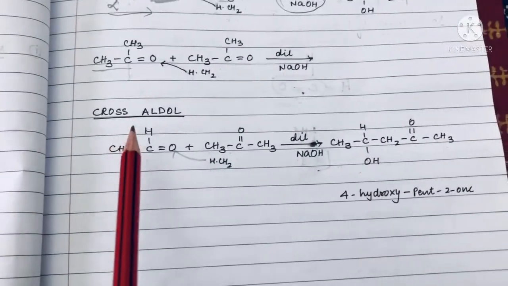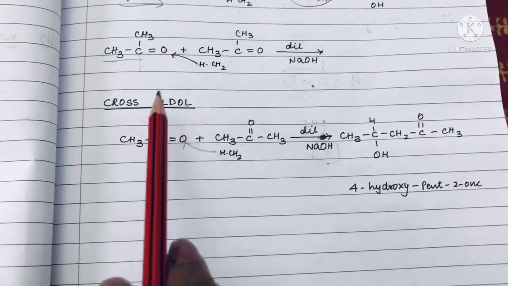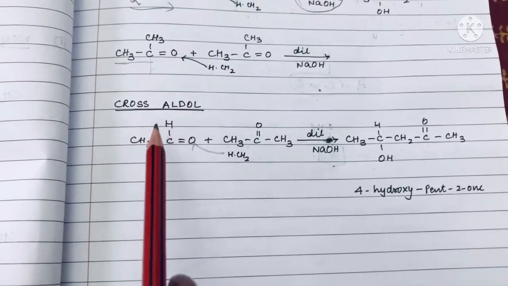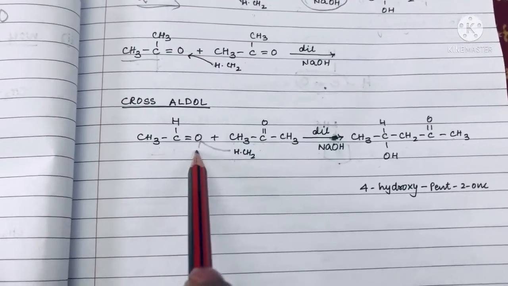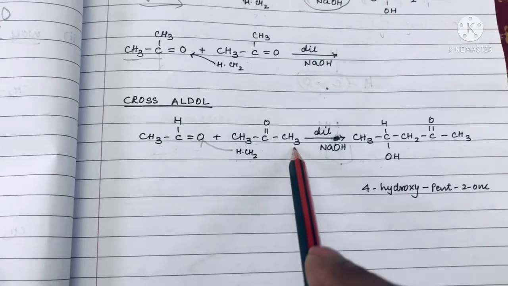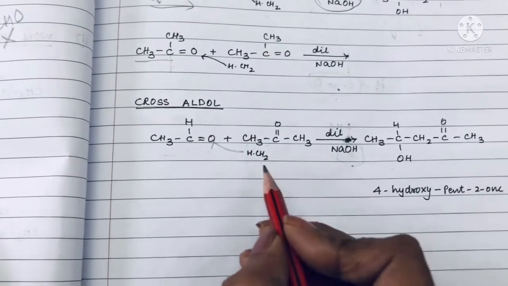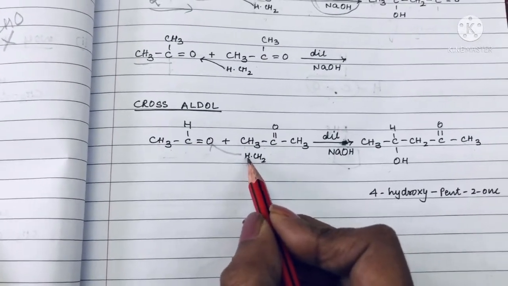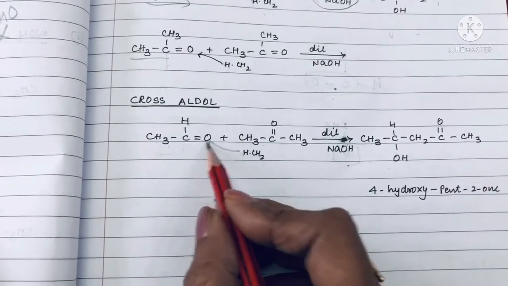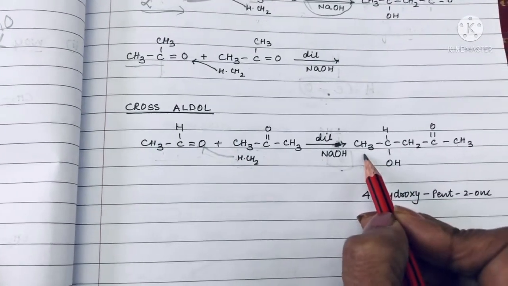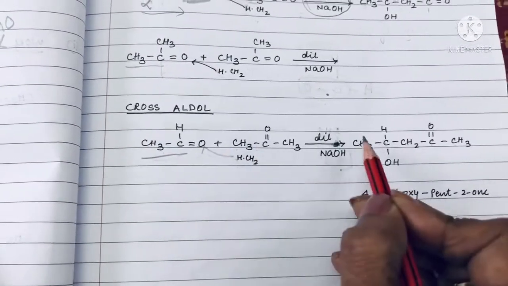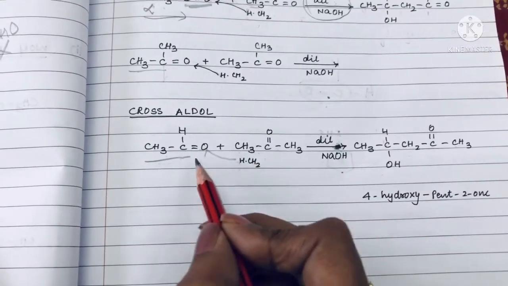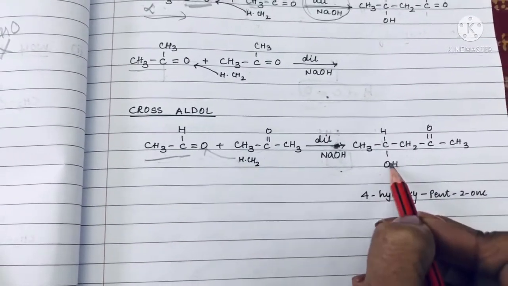If the reaction says cross aldol, meaning there are 2 different compounds, we'll take one aldehyde and another as a ketone. So again I split this into H and CH2. H shifts here, so it becomes CH3, CH, OH because this has changed into OH.